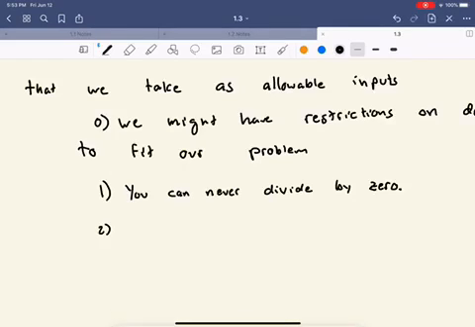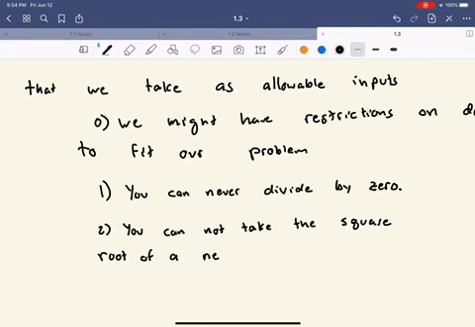Two, you cannot take the square root of a negative. But you may imagine doing it.